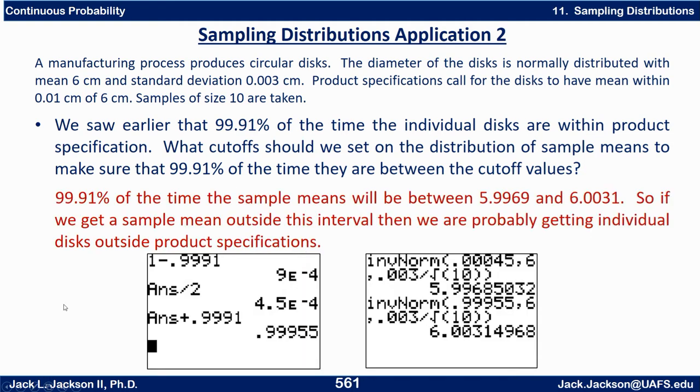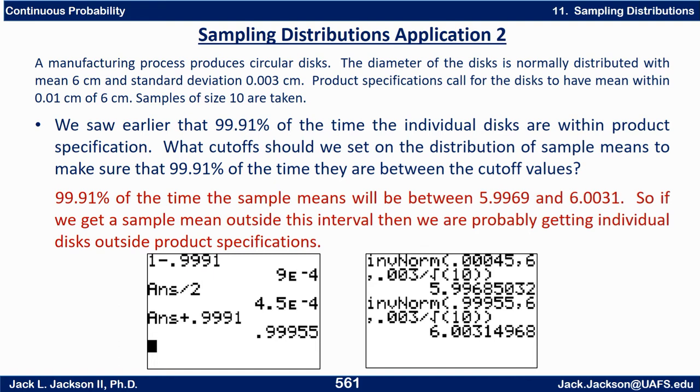Well, here's what we do. 1 minus 0.9991 is 0.0009, which is 9 times 10 to the negative fourth. So that's this, the 0.9991, the probability that we're within, in the middle.